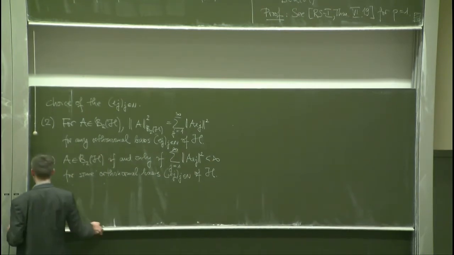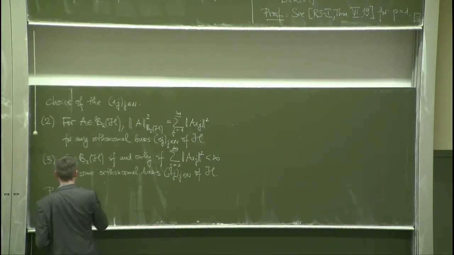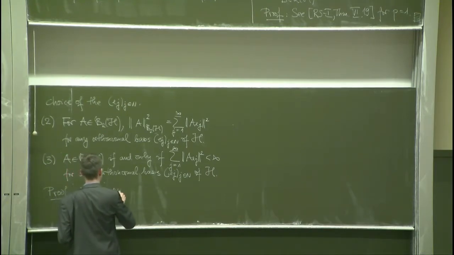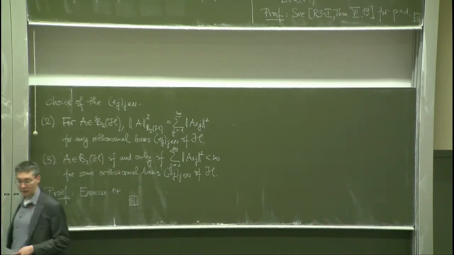The proof of this theorem is an exercise for you, and it's on the sheet that I have prepared for today. This is exercise 14, which we will discuss next week.